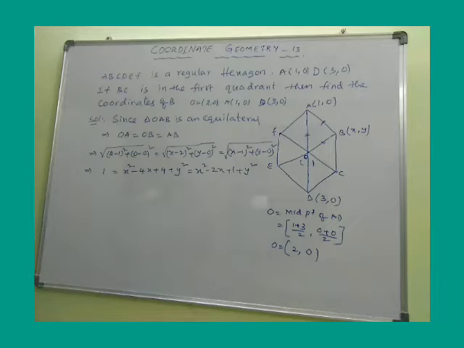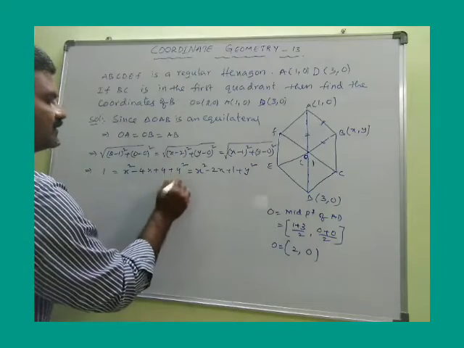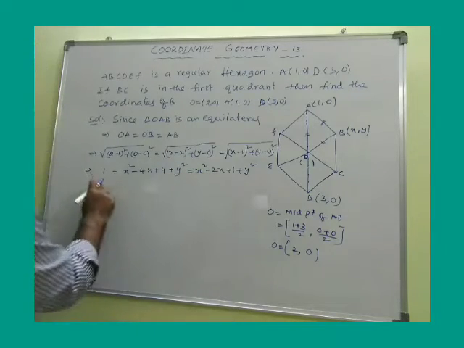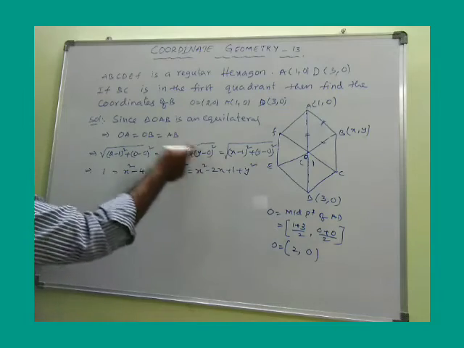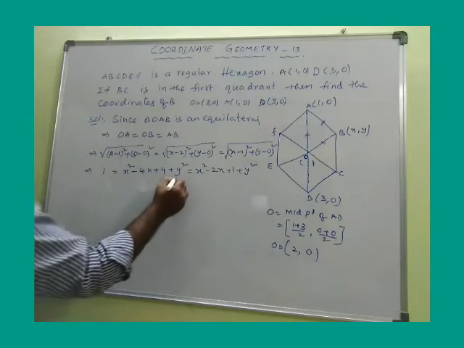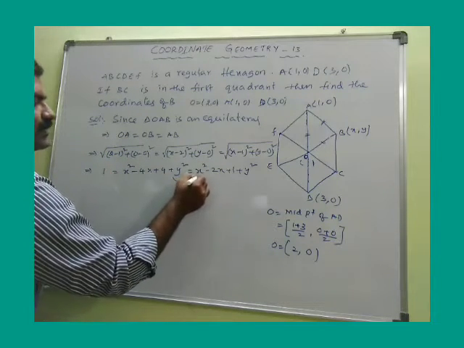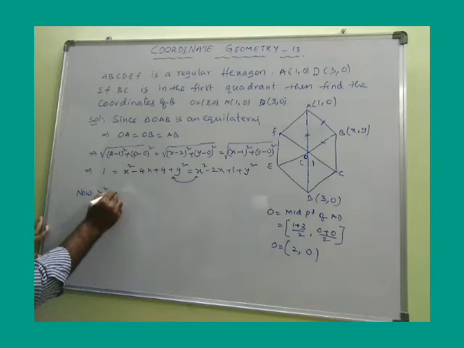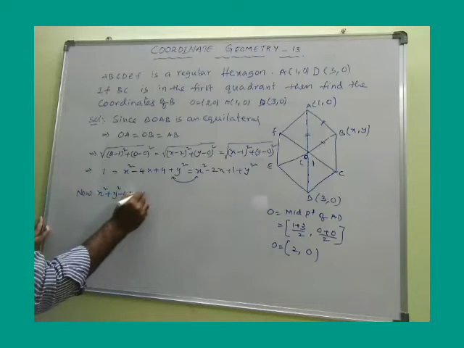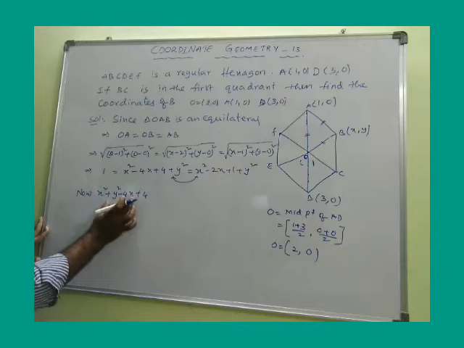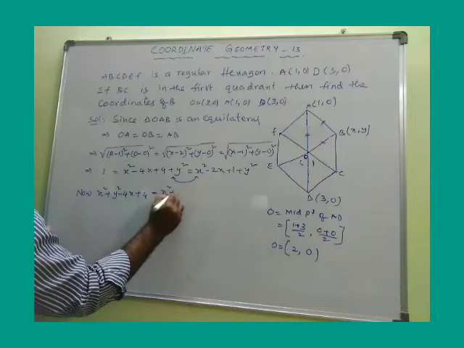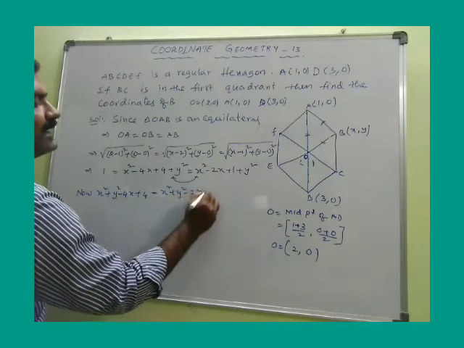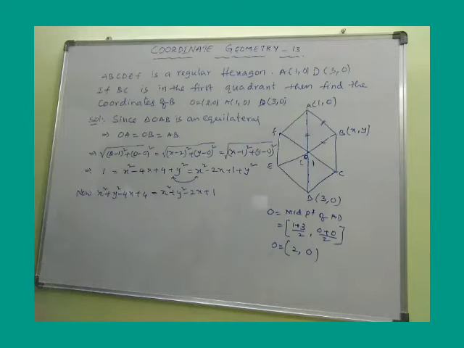Right? Fine. Now let us equate these two, as well as first and second, second and third, or third and first. Anything you can equate. Let me first equate these two. So x square plus y square minus 4x plus 4 is equal to x square plus y square minus 2x plus 1.